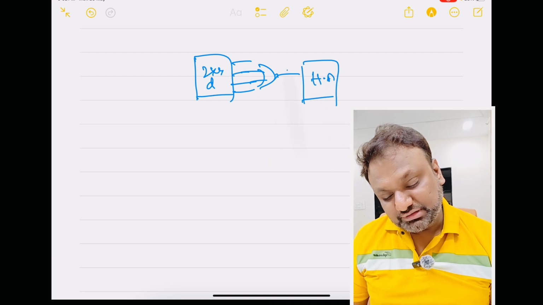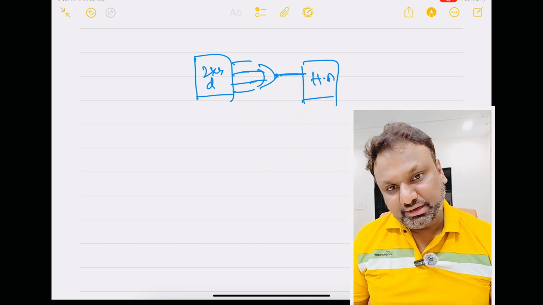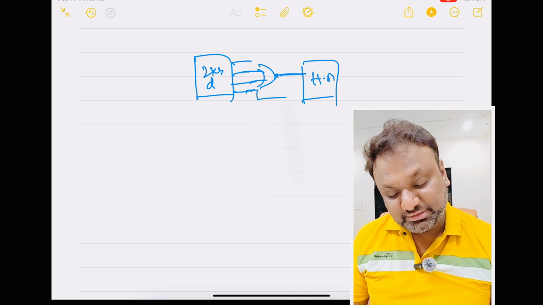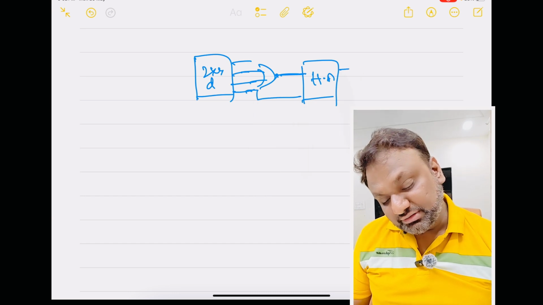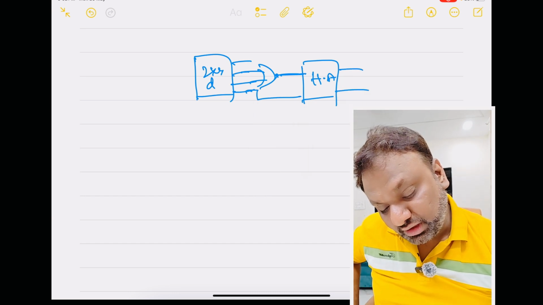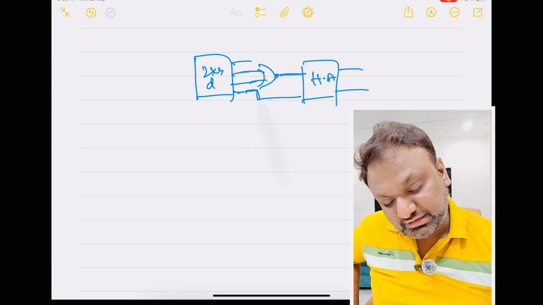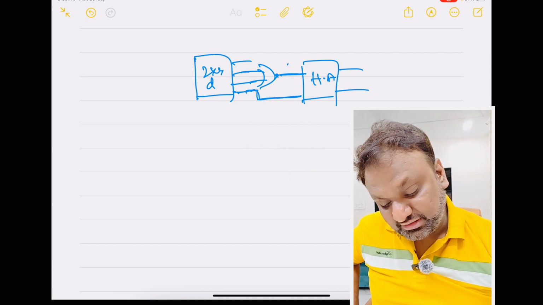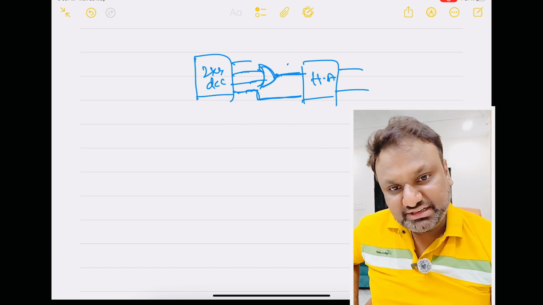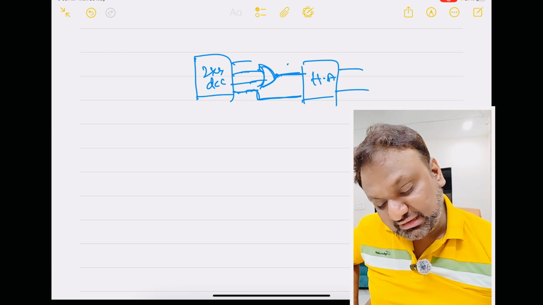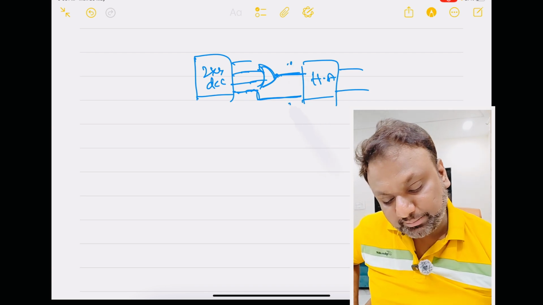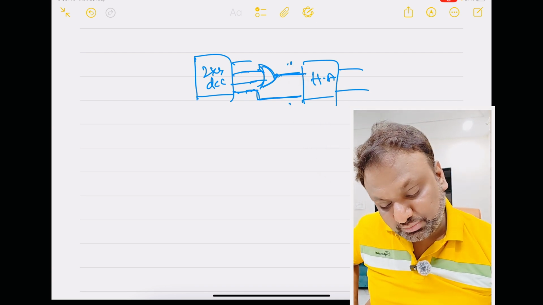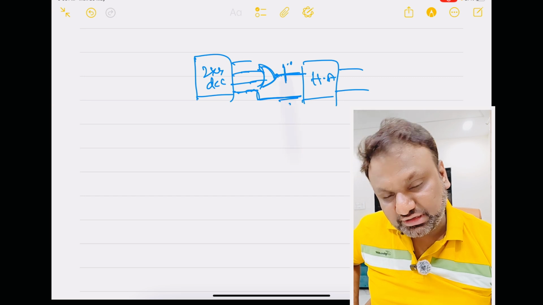Suppose this is my input to this particular gate, and let this be the second input. Now you see here, this particular input is coming faster than this particular input, correct? This is because I am having a gate, and each and every gate has a gate delay, and this input is coming slower when compared to this input. So this input has to wait until this input is arriving.